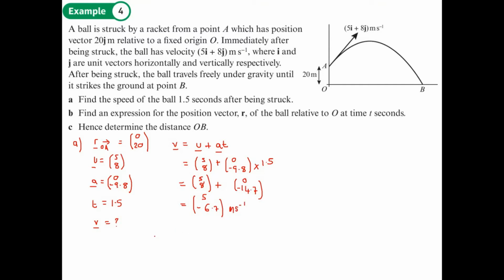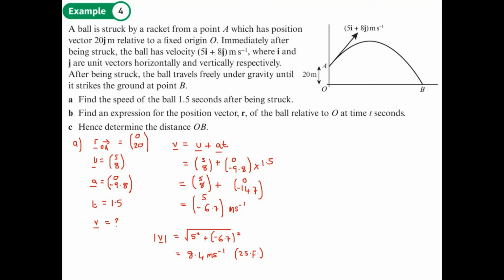So if I want to find the speed, I need the magnitude of the velocity, so that will be the square root of 5 squared plus negative 6.7 squared. So I pop that in my calculator and I end up with 8.4 meters per second. And I've done it to two significant figures because I'm using g to two significant figures. Okay, so that's part A.